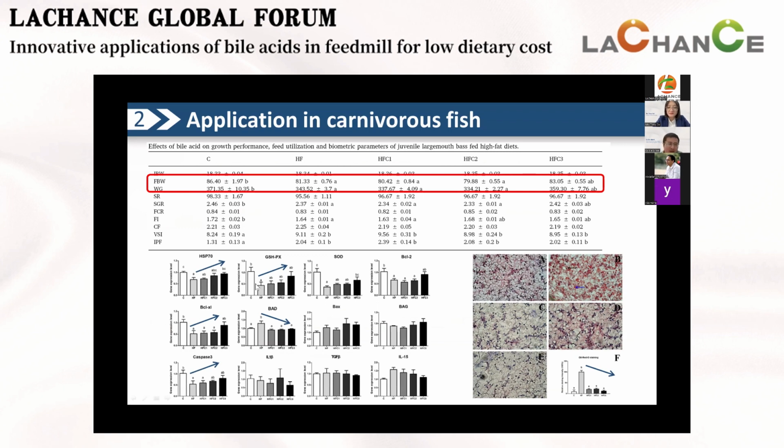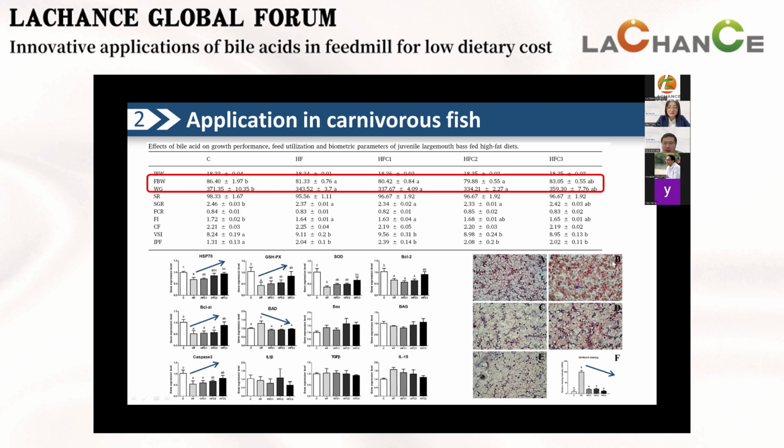We also detected many immune response related genes, and we can see the gene expression was also enhanced by the supplementation of bile acids. And here is the lipid in the liver. We used Oil Red O stain to show the lipid content in the liver of the largemouth bass.